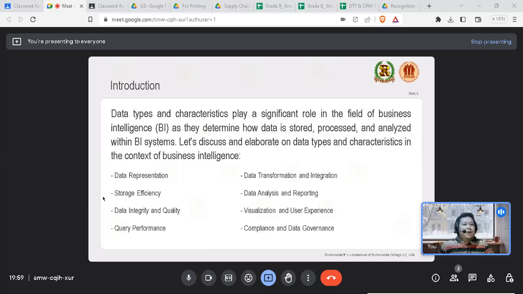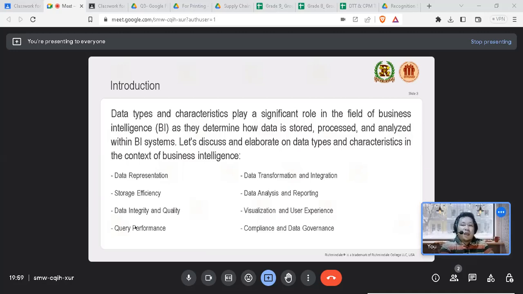By enforcing proper data types and constraints, data integrity rules can be implemented to prevent the insertion of invalid or inconsistent data. For instance, specifying data types can ensure that only valid dates are stored in the system.